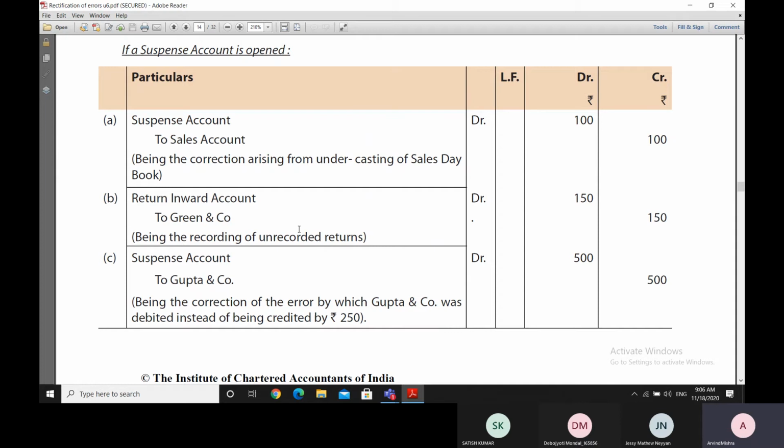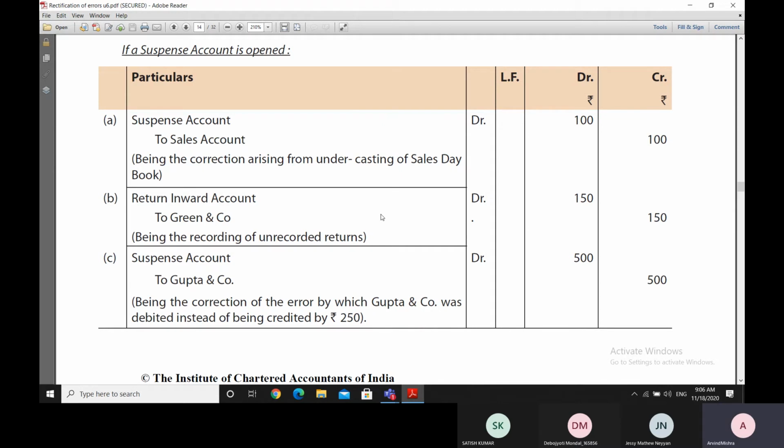Now in the second case, since the return inward account entry was not made at all, there is no suspense account required, because the trial balance would have tallied.